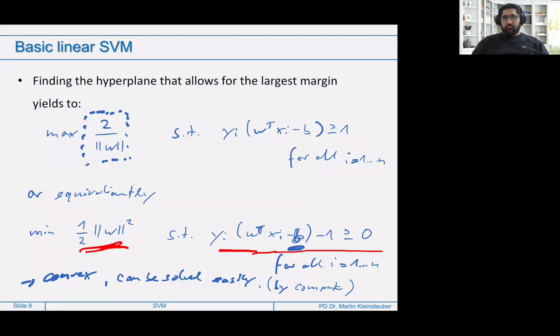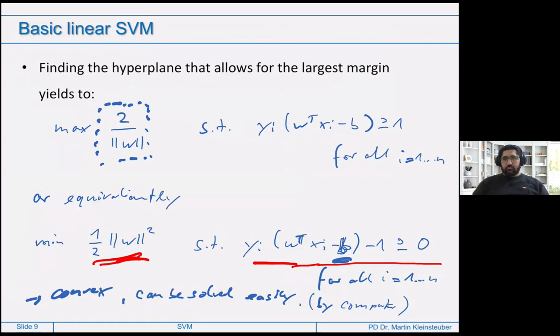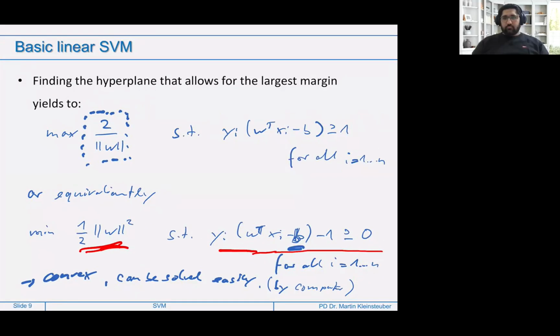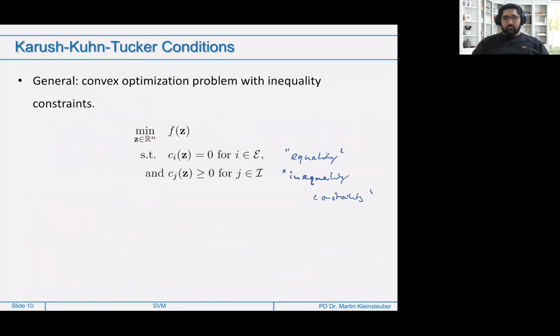And then we zoomed out and said, okay, let's look at this optimization problem in a more general context. And that led us to the general problem of convex optimization. Machine learning and solving these problems are very often optimization problems.